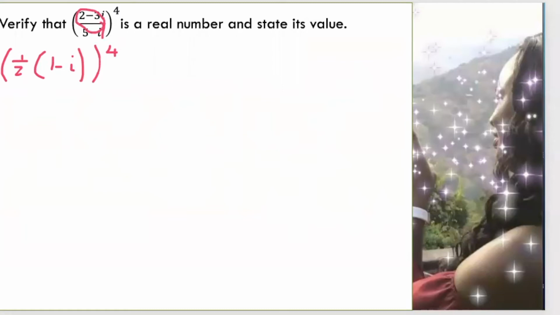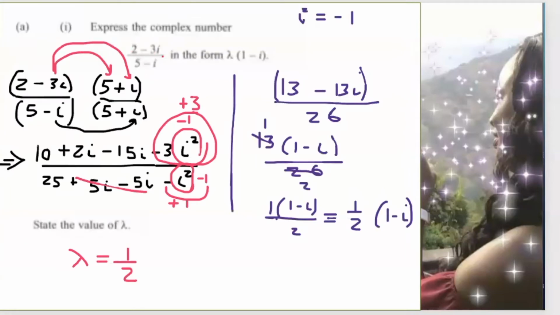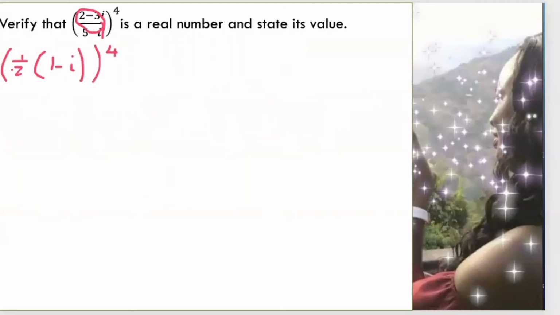Now, remember it's coming from the previous activity. Since it's raised to the fourth, it means everything within is raised to the fourth. So a half is raised to the fourth, and 1 minus i is also raised to the power 4.